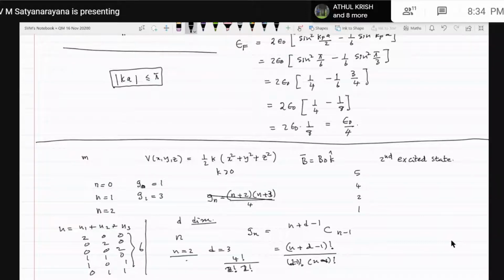That will be 3 times 4 divided by 1 into 2. So that is 6.